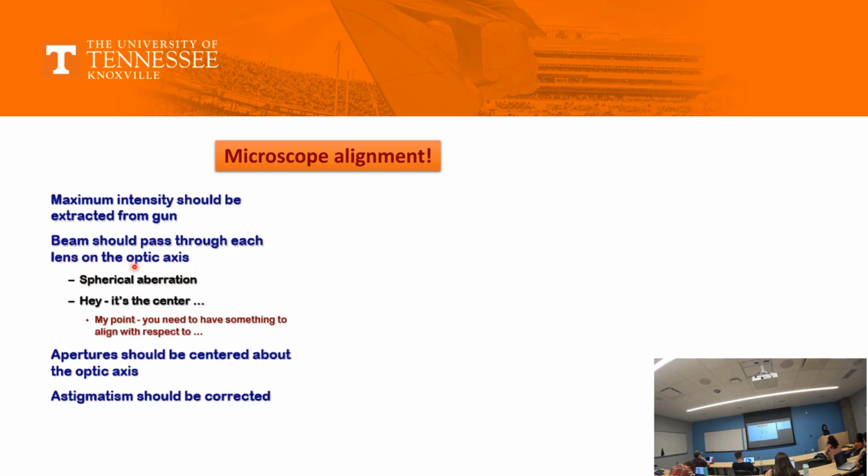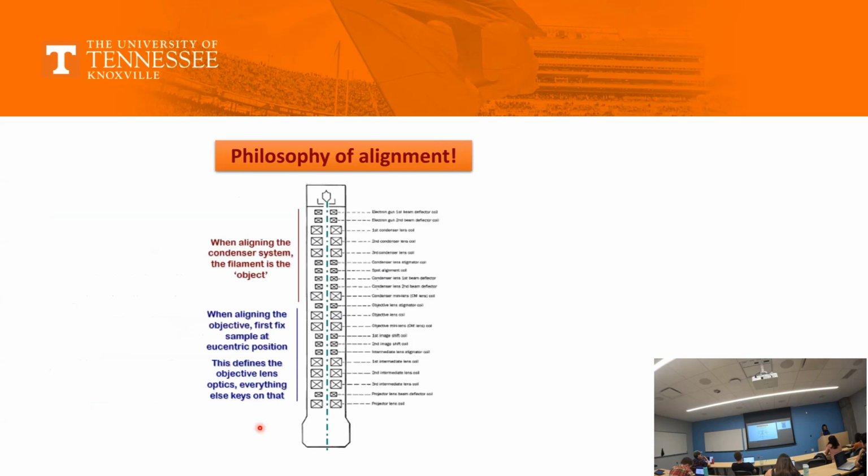And that's the main idea, to pass the beam through the optic axis so that we can avoid it. Spherical aberration comes from the spherical nature of the lens, and chromatic comes from the light. So the aperture should be centered about the optic axis, and your astigmatism should be corrected. These are the final remarks.